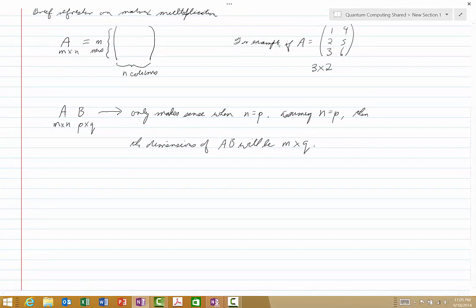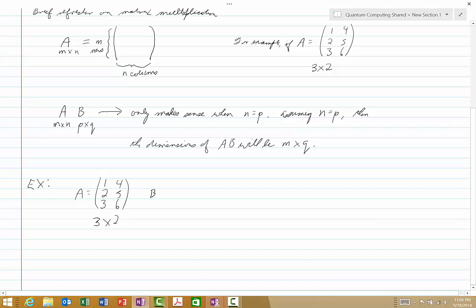Now let's look at an example. Let's keep the A that we have identified above: 1, 2, 3, 4, 5, 6. And we have already identified that this is 3 by 2, 3 rows and 2 columns, and that means M is equal to 3, N is equal to 2.